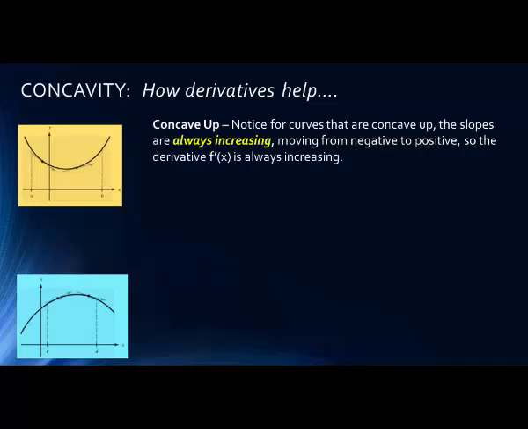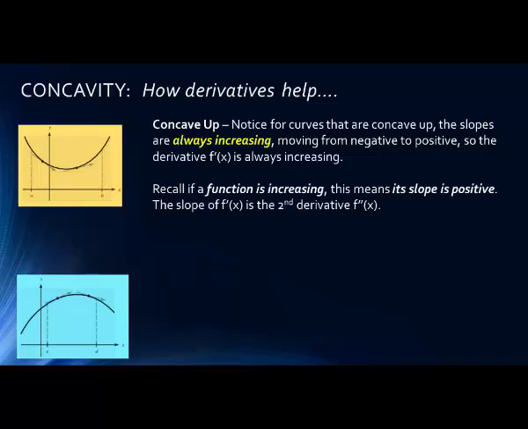Okay? So notice that for concave up, the slope is always increasing. It's going from larger negative values to smaller negative values to 0, and then to positive values, to small positive values, and then as it gets steeper, larger positive values. So the derivative, f prime of x, is always increasing.